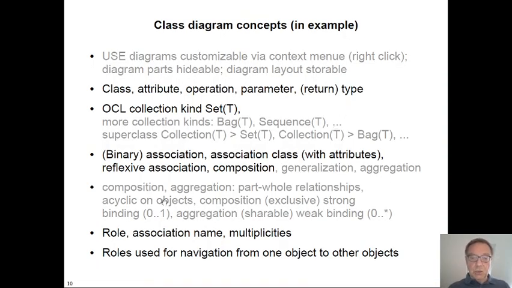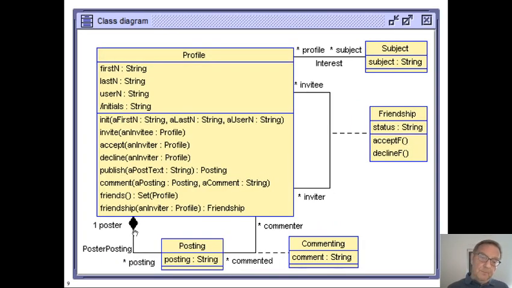Let us shortly come to the aggregation and the composition. Both are part-whole relationships. In this example here, the postings are a part of the profile. This is the part-whole relationship.